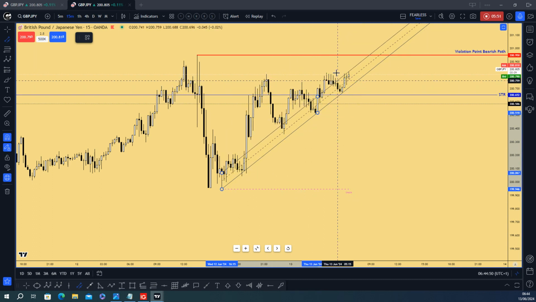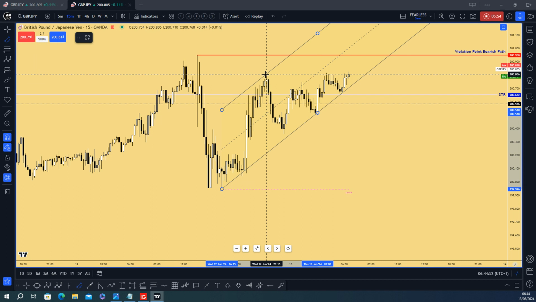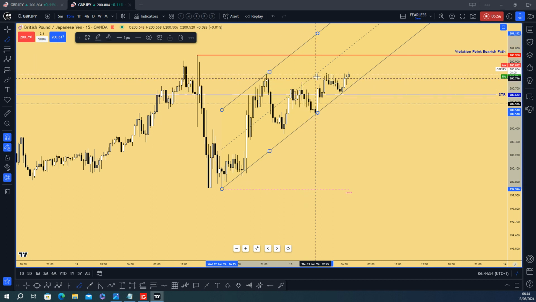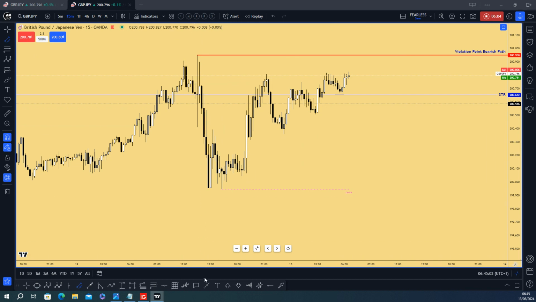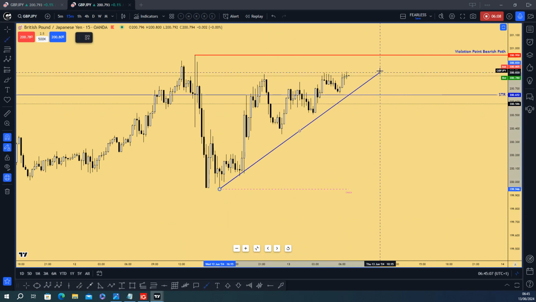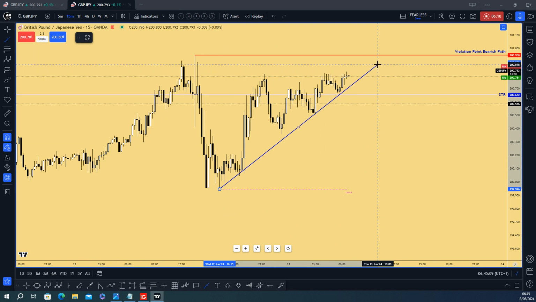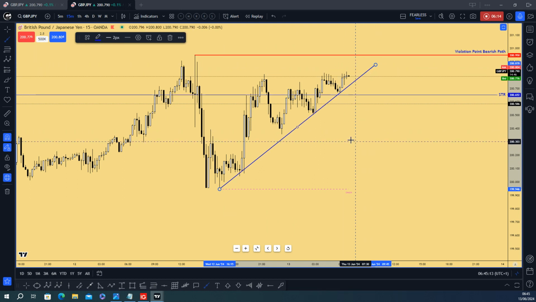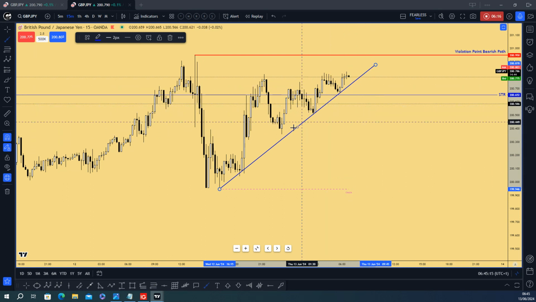We will not take any breakout of the high, so I'm going to place this here. The middle line is significant a little bit, but it's not the best, but we get the picture. I'm actually going to delete this and use an ordinary line. There are many ways you can capture a trade like this.